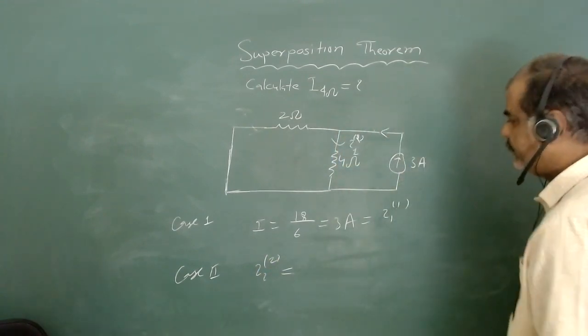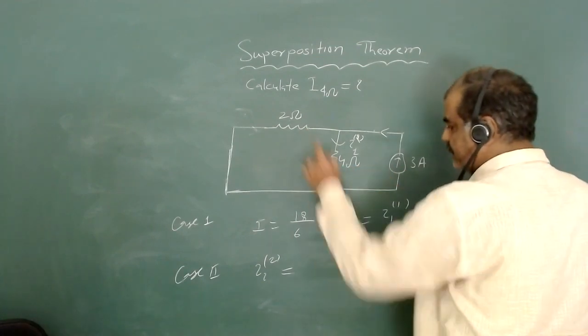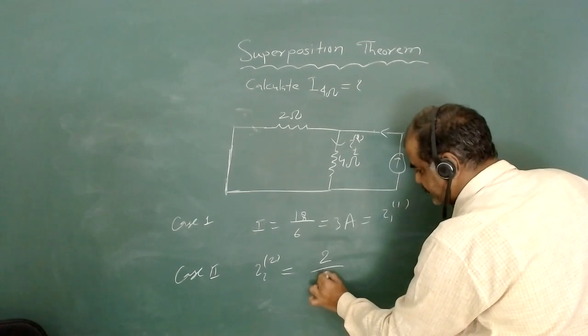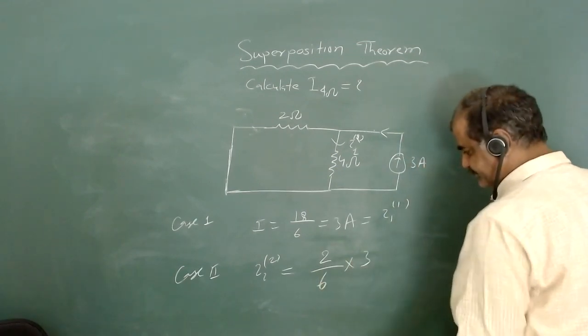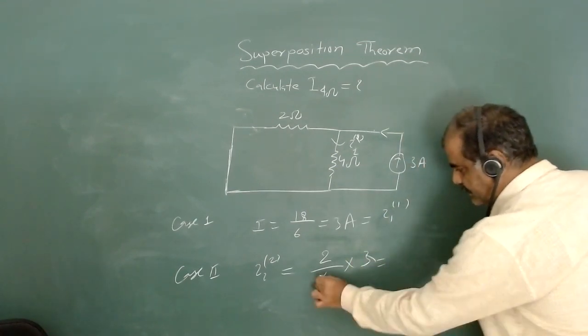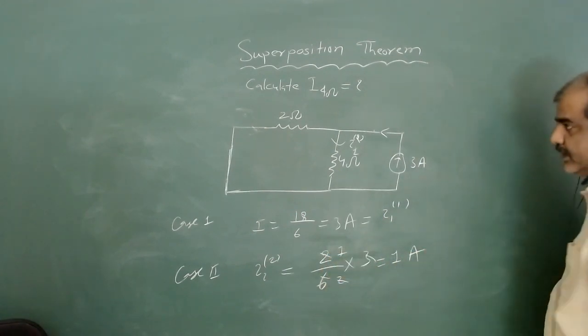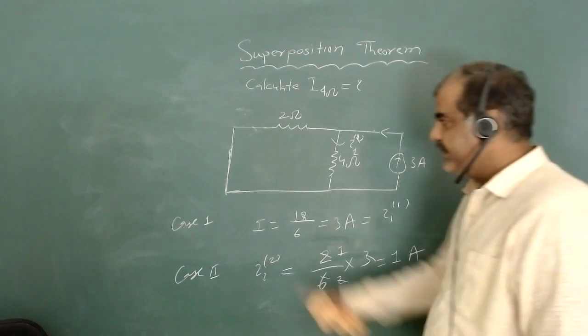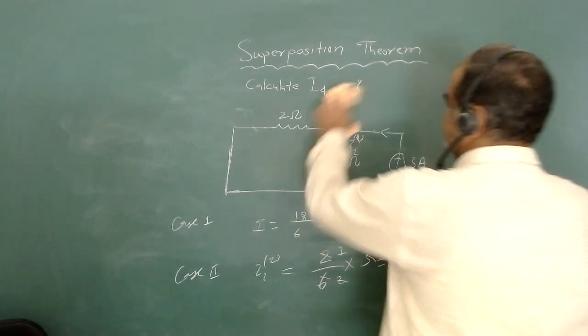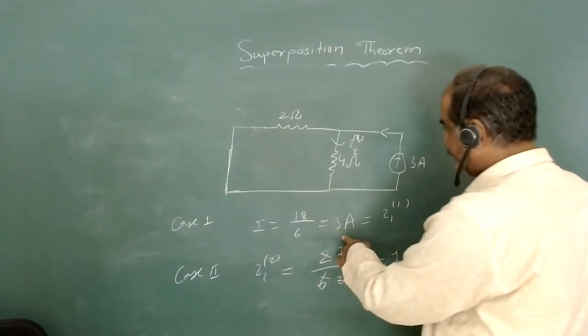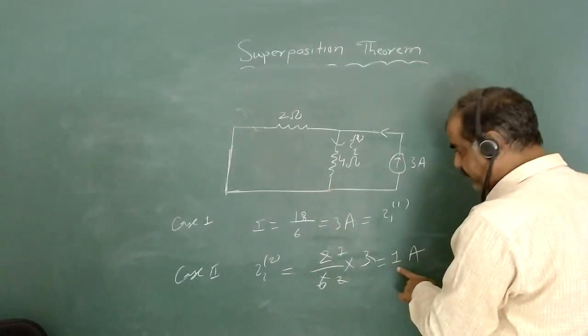I12 through the current division rule will be 2 divided by 2 plus 6, into total current, so this becomes 1 ampere. Because of the 18 volt source, I am getting a current of 3 ampere, and due to the current source, I'm getting a current of 1 ampere.